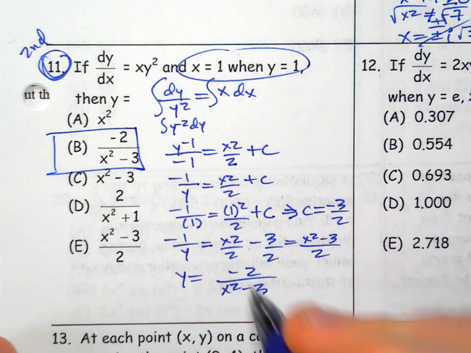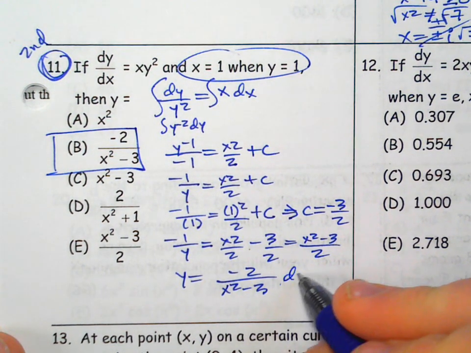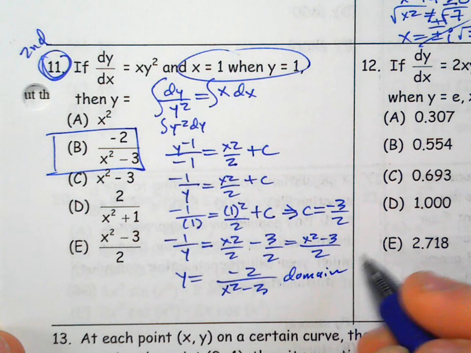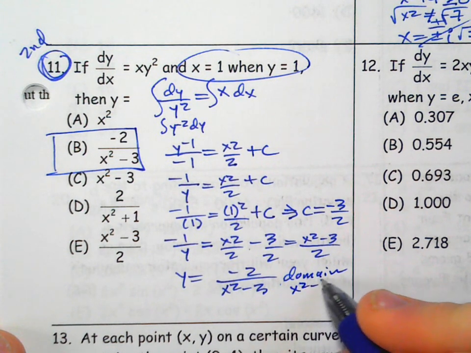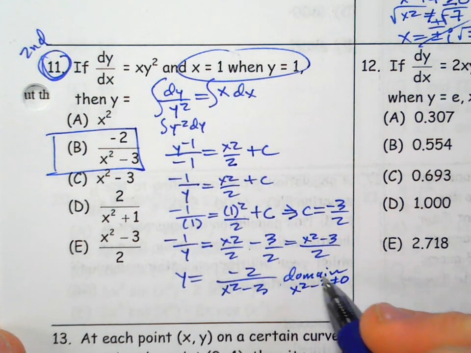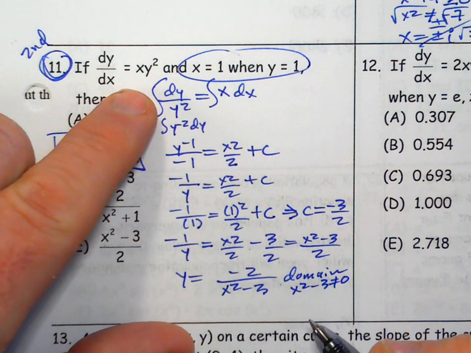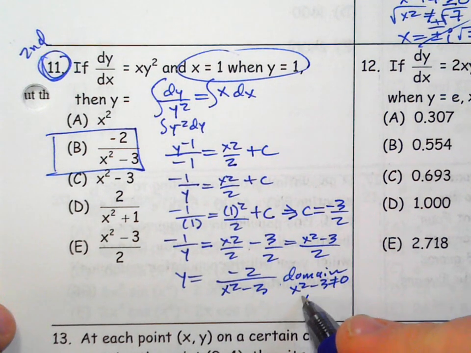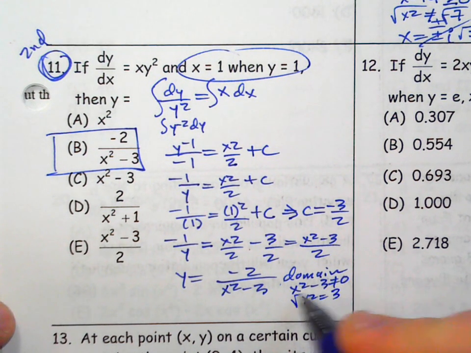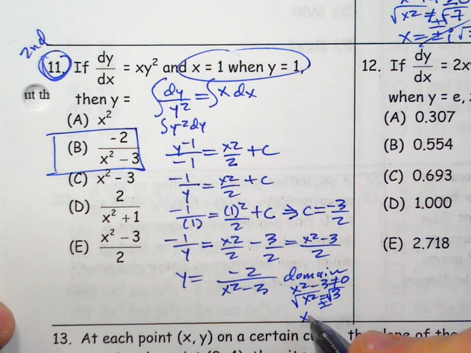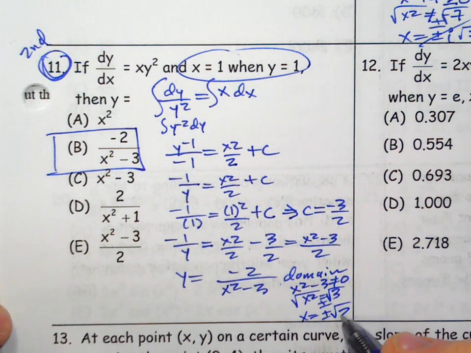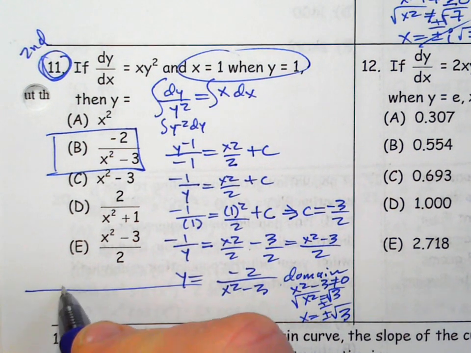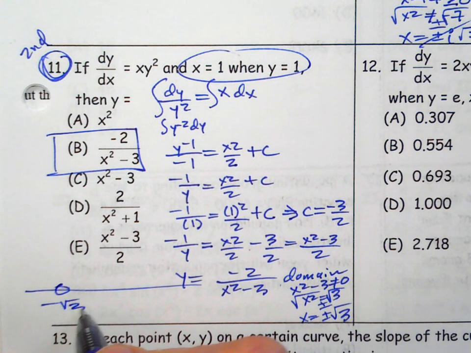Now the domain of this, just to get practice on it for response, the denominator cannot equal 0. You get division by 0. There are no issues up here for the derivative, but for the function, x squared equals 3, square root of both sides, plus or minus. This has vertical asymptotes at these points. So what I do is a number line, and it's a single open interval.